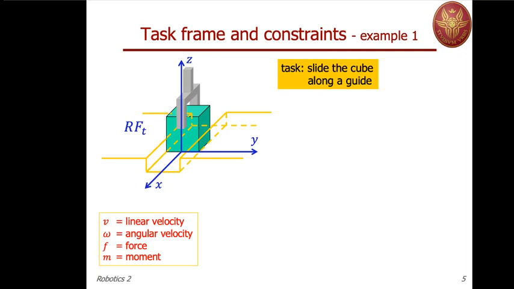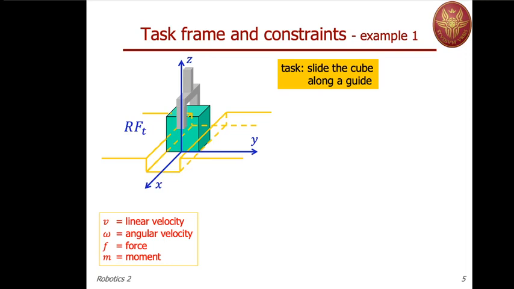This is very similar to what we have seen in the reduced or constrained robot dynamics, but here we are using the concept of task frame. For this task, we have a cube that should slide along a guide. The guide is constraining, in fact, the motion. We could move up the cube with the gripper, so the robot going up in the z direction, but then we will lose contact. So we assume that we keep this type of contact all the time.